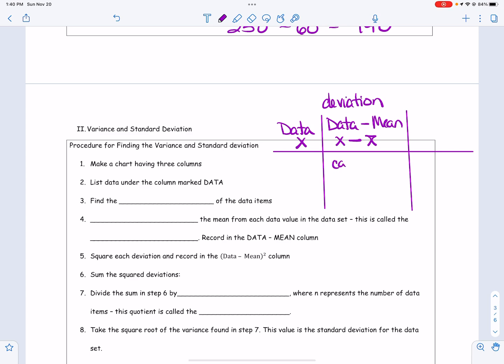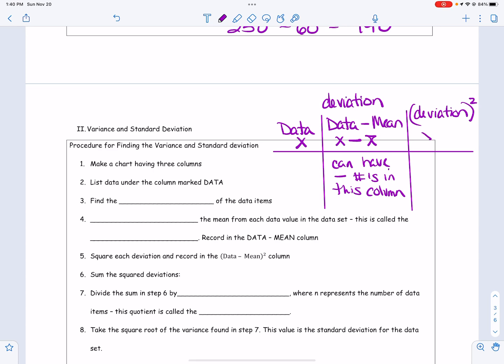You can have negative numbers in this column, okay? So don't be alarmed if you get negative numbers. Then the last one, we're going to take the deviation that we found in the second column, and we're going to square it.